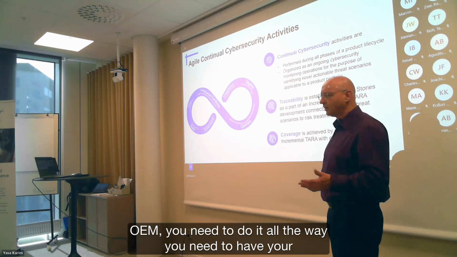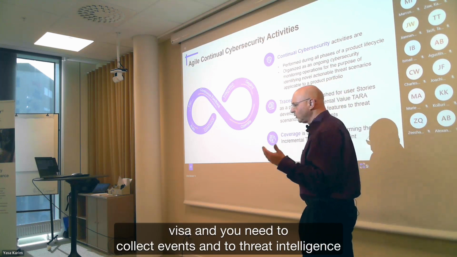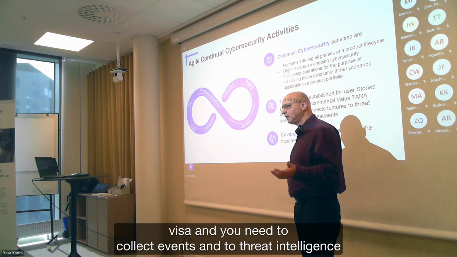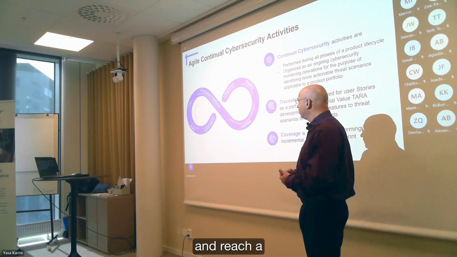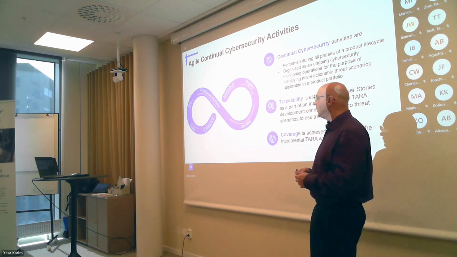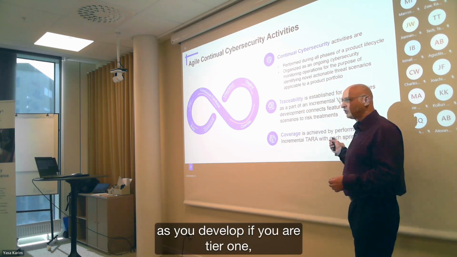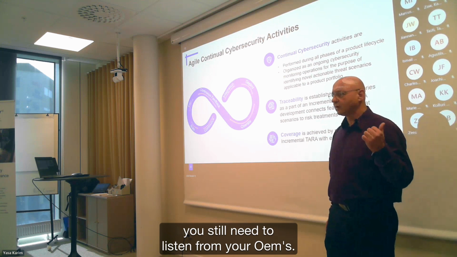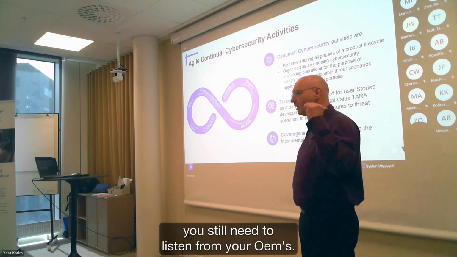You need to have your VSOC, and you need to collect events and do threat intelligence and reach a decision that you need to take some action if you find something as you develop. If you're tier one, you still need to listen to your OEMs.